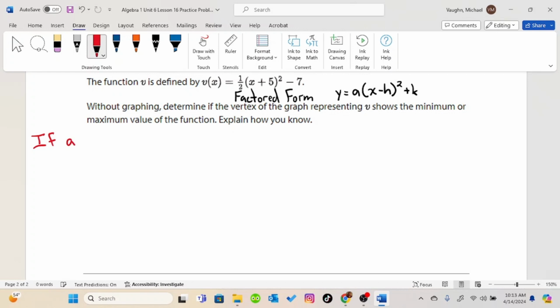If a is positive, the graph opens upward.